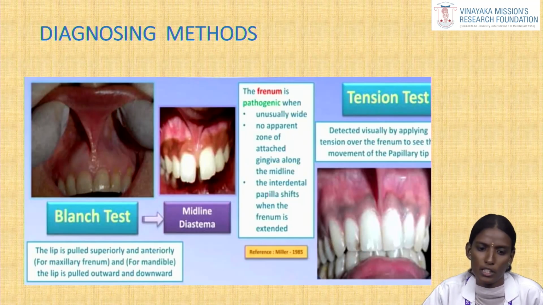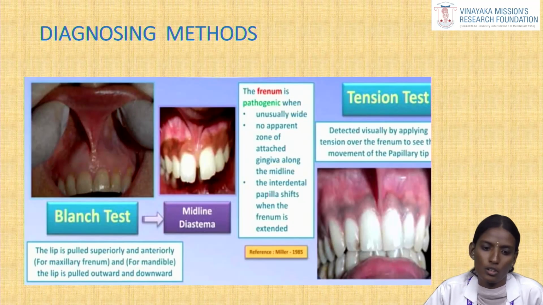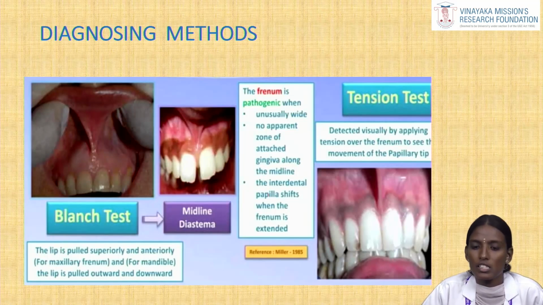The frenal attachment is pathologic when it is unusually wide, with no apparent zone of attached gingiva along the midline, and the interdental papilla shifts when the frenum is extended. This is the blanch test. In the tension test, tension is applied over the frenum to visualize the movement of the papillary tips.